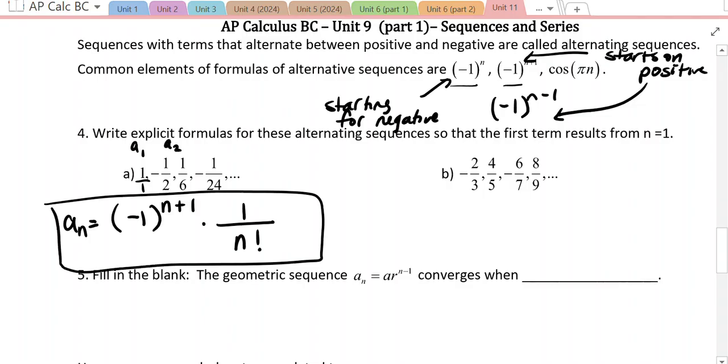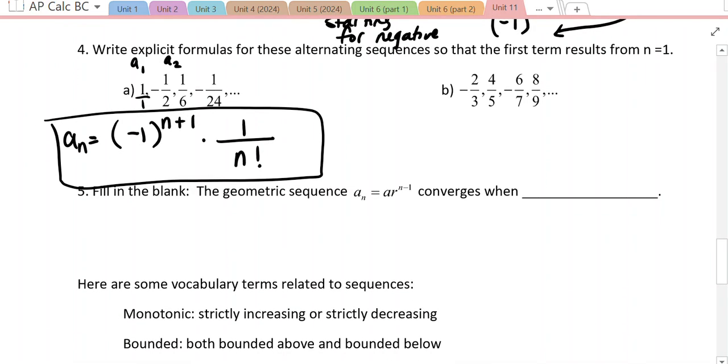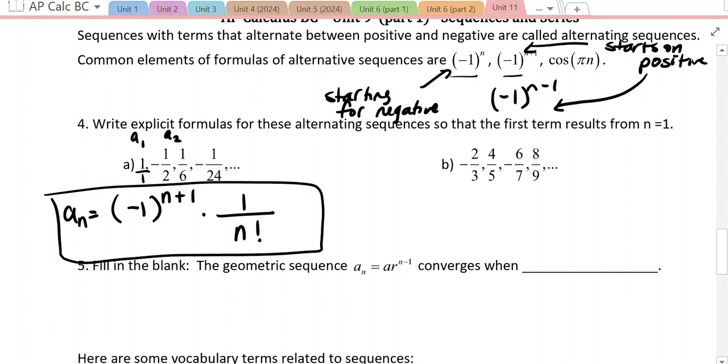Go ahead and try 4b as well. Okay. Now, all right, hopefully you tried it. Did you pause the video so you could try it? Okay. Here we want it to start negative, so I'm going to start with a -1 to the n.